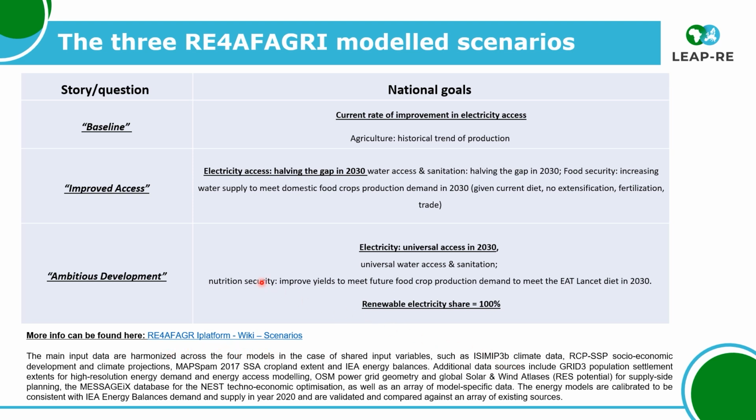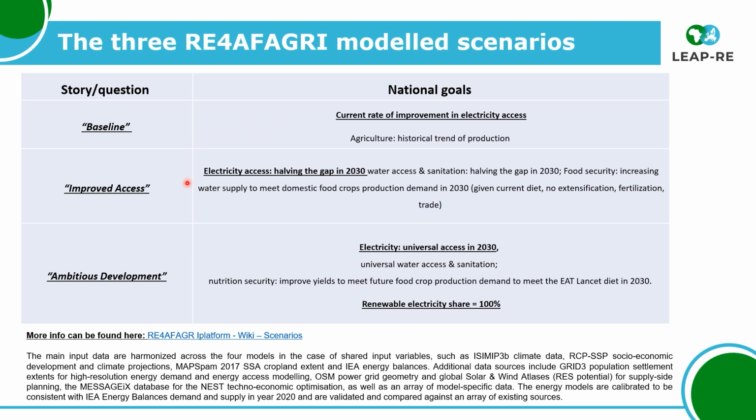The simple version here relevant to OnSSET is more in terms of the electricity access rate targets. In the baseline, we have assumed that the current historical rate of improvement will continue as it is, likely not to achieve universal electricity access in this scenario in any year.